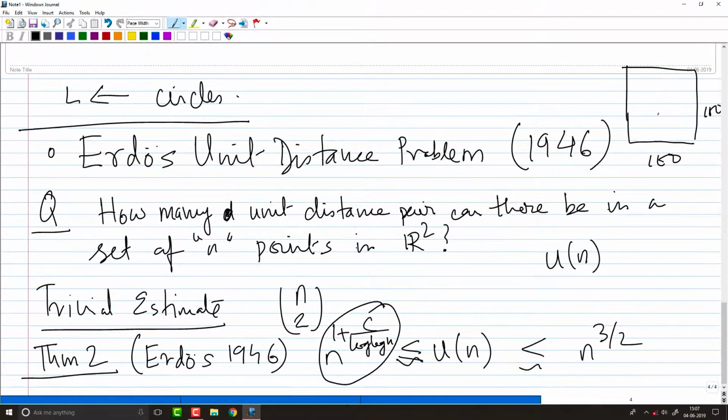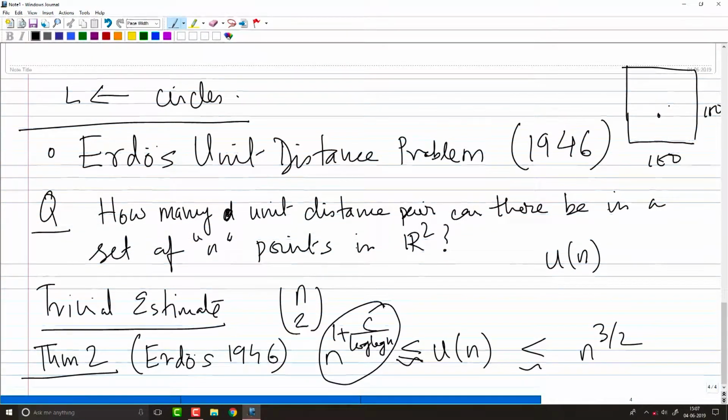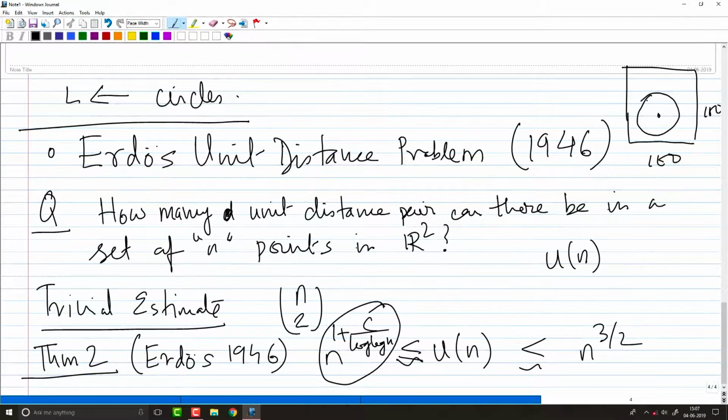I inserted the first point. What is the probability that the second point is unit distance away from this? It has to be on a circle, but the volume of the circle is 0 compared to the volume of the box. It's a 0 probability event.